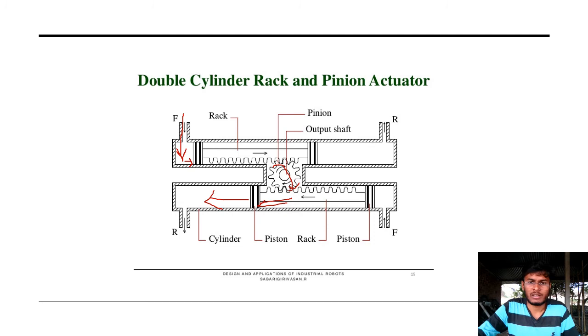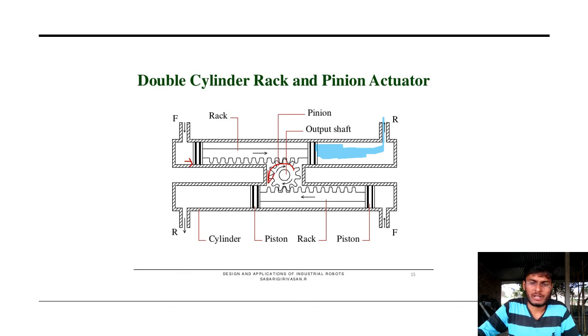And if we apply the fluid pressure from the other port, that rack moves in the left side direction, and with the help of the rack, the pinion rotates in the anti-clockwise direction.